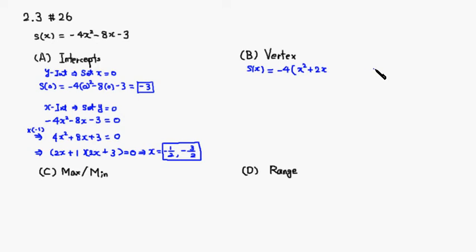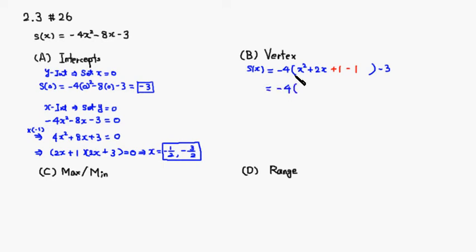Then give a little bit of room, and put the negative 3 right at the end.